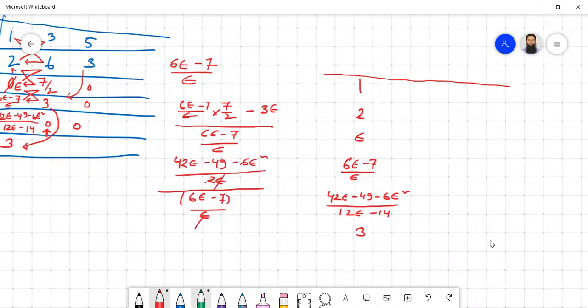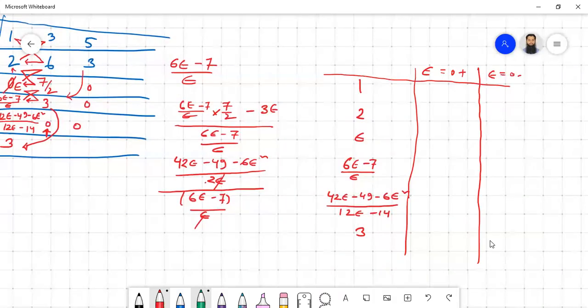Now we have to find out the sign of this first column. To find out the sign, these two cases we are going to consider. The first case is epsilon equal to 0 plus, very close to 0 but a positive number. And then you have epsilon equal to 0 minus, very close to 0 but a negative number. So now this first one is positive, second one is positive as well.